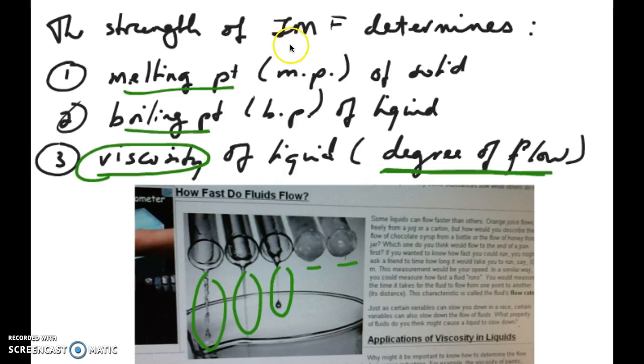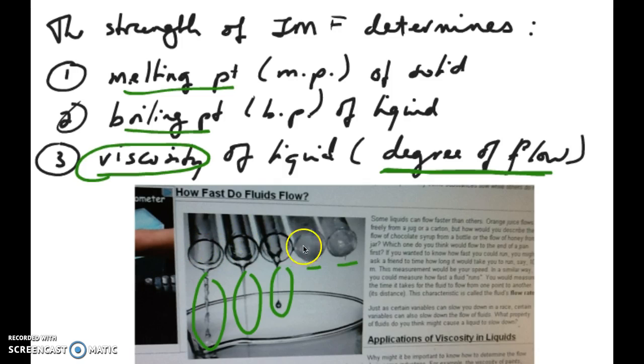So as a result, it affects a few physical properties. Melting point, which is at what temperature the solid will convert to liquid. Boiling point, which is the temperature at which the liquid will convert to gas, as well as viscosity of the liquid, which is just how easily the liquid will flow out of a container.